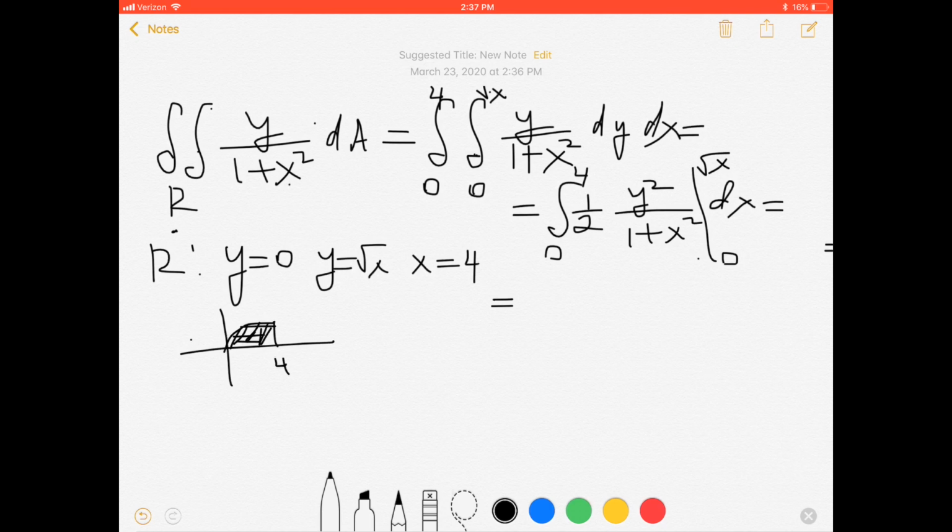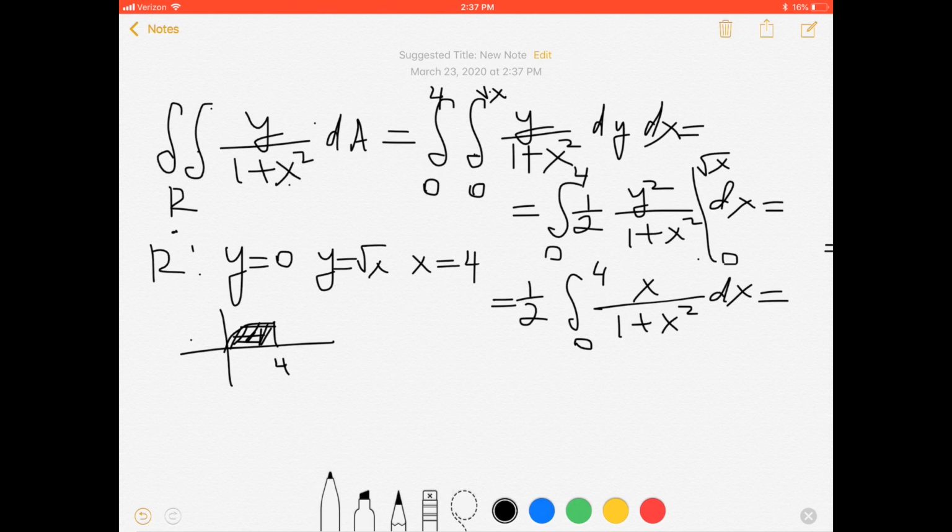If I plug in, I have 1/2 integral from 0 to 4 of x, because plugging in square root x squared gives x, over 1 plus x squared dx. If you plug in 0, it will be 0.